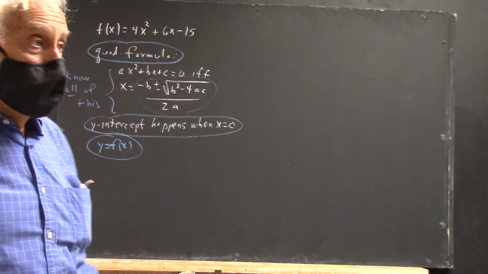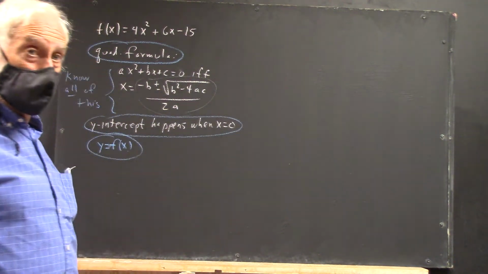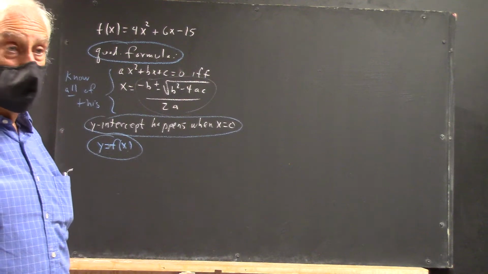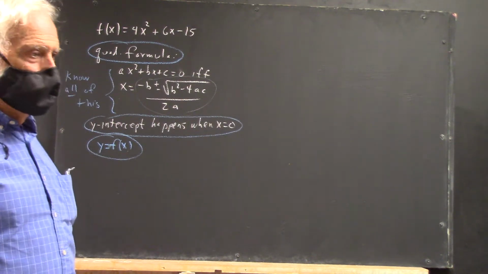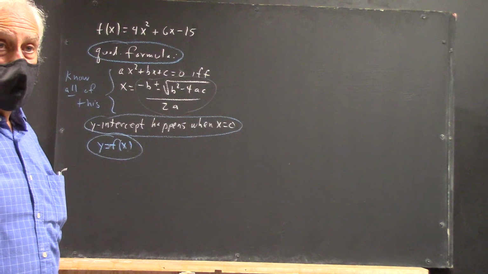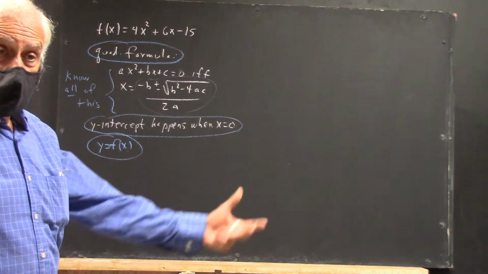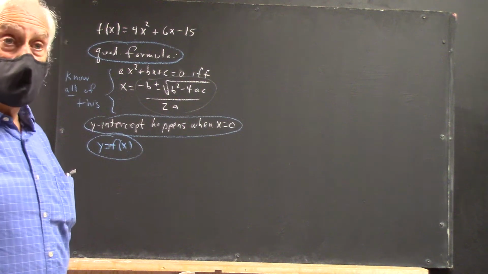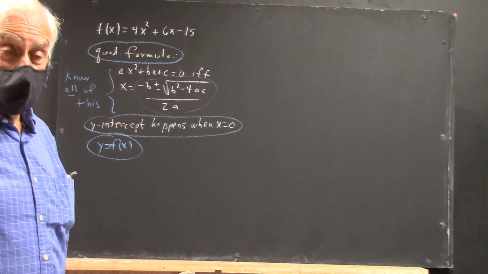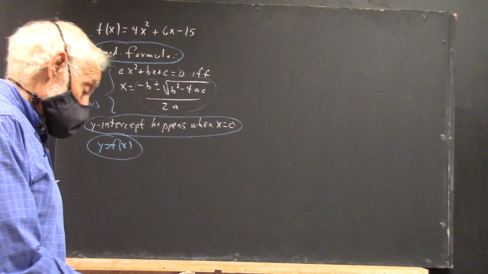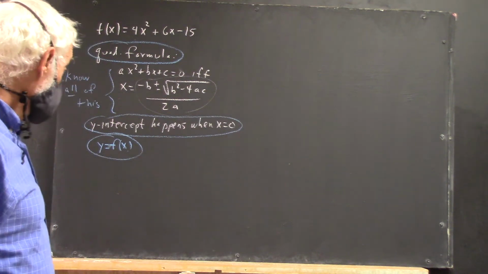Now, if you do these problems by using your graphing calculator and graphing these things using your graphing calculator, you're not learning much. And you're not learning what you're going to need to know when you take a test that doesn't allow the graphing calculator. That's certainly true in my sections. I think it's true in all sections.